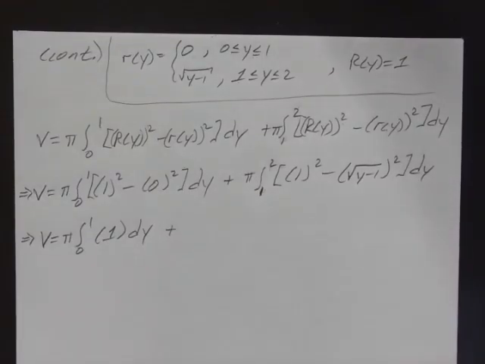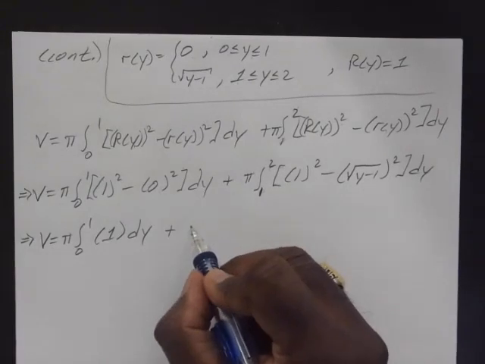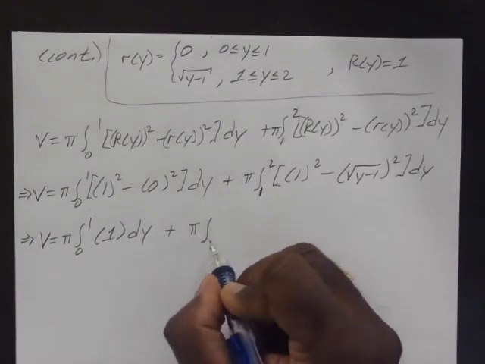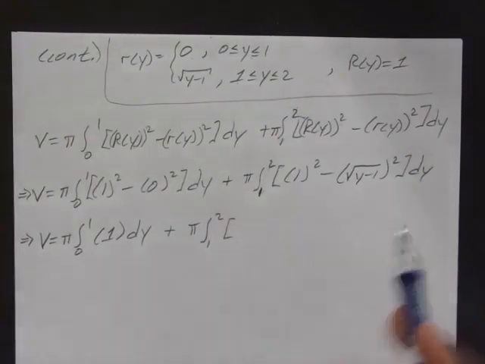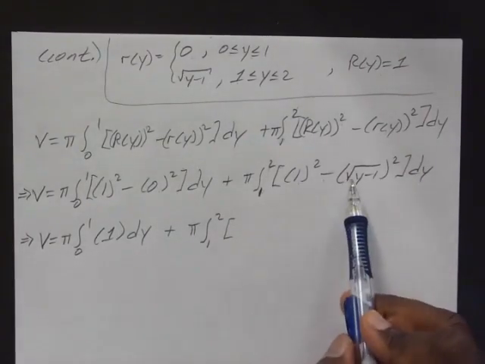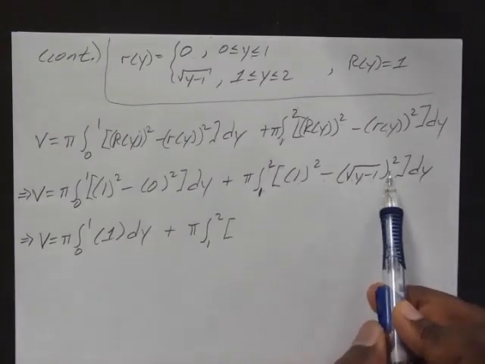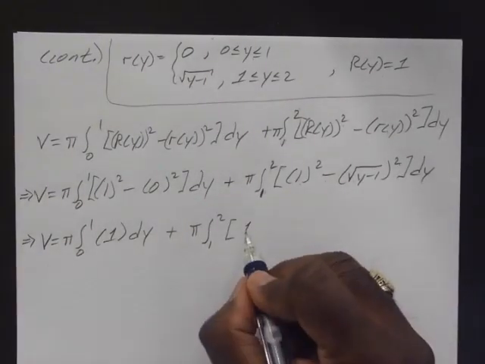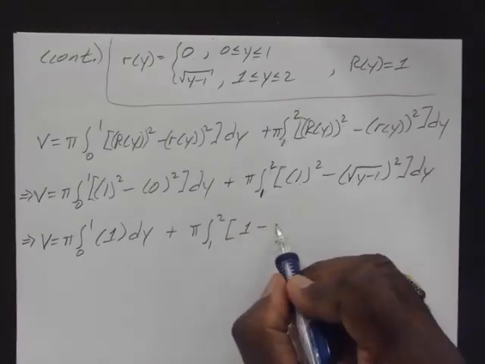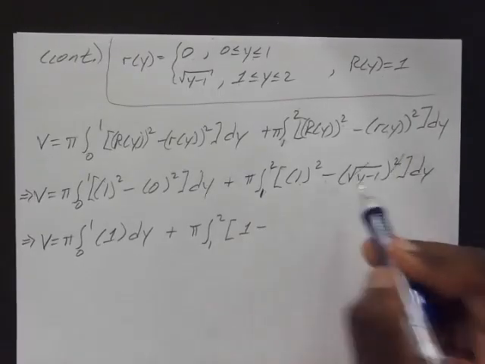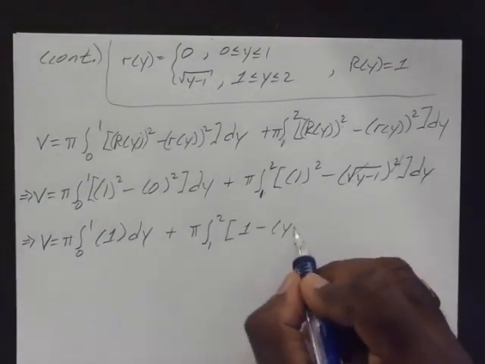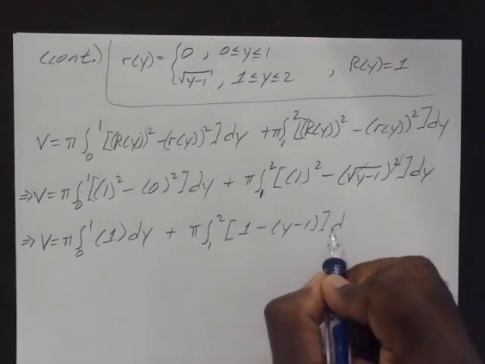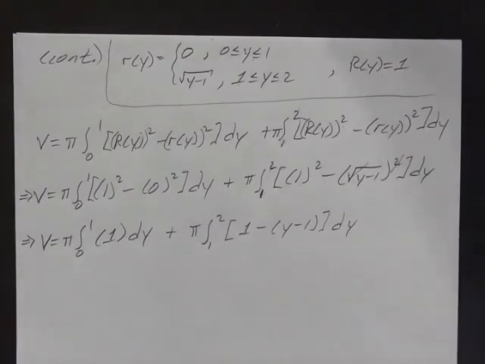Plus pi times the integral from 1 to 2 of 1 minus the square root of y minus 1 squared. That's just 1 minus y minus 1 because those two cancel each other out, with respect to y.